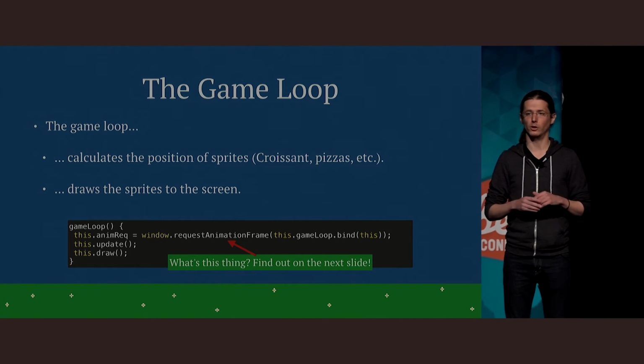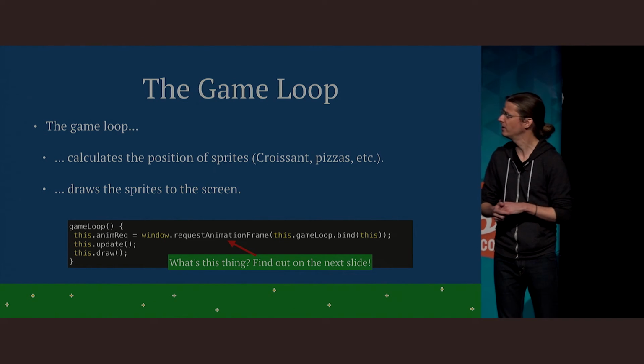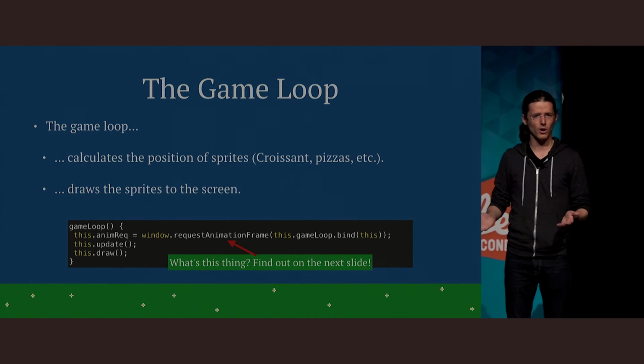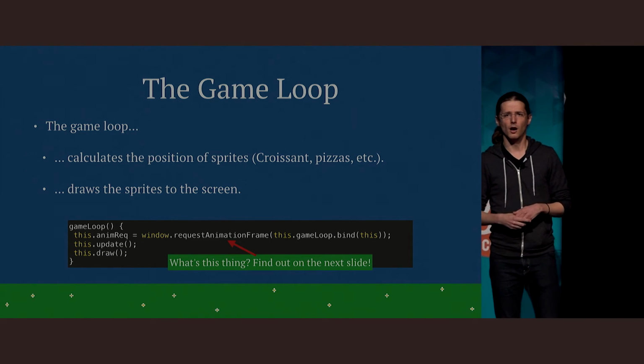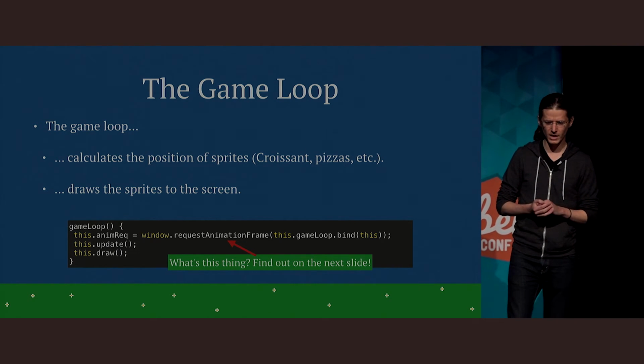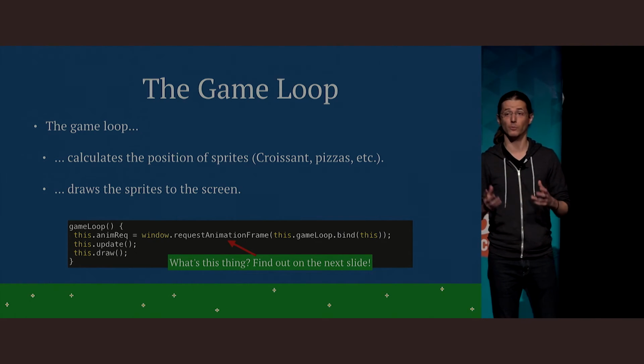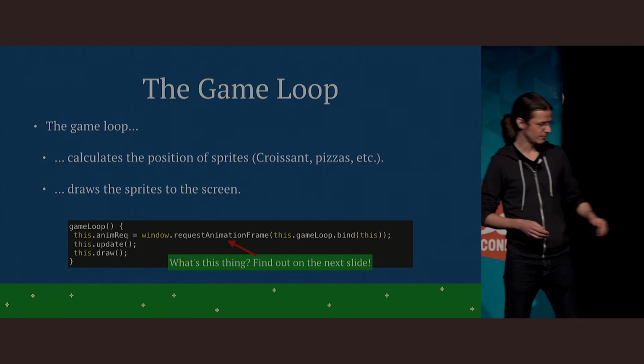And two, it will draw those sprites to the screen. In the code snippet here, you'll see update and draw. You can guess what those things do. And perhaps you're not familiar with the first line, which is window.requestAnimationFrame. We'll talk about it in the next slide, but what it does is take the game loop function in as a parameter.